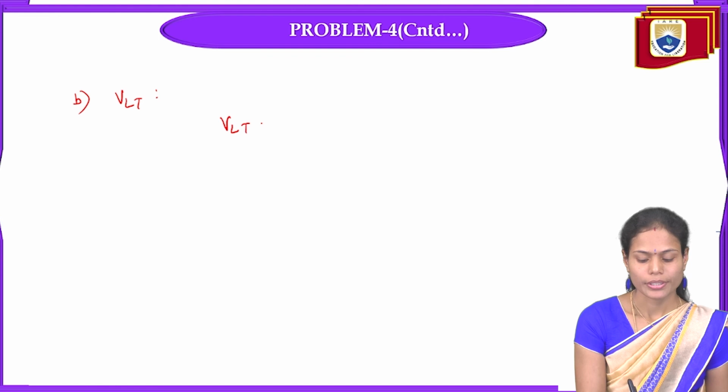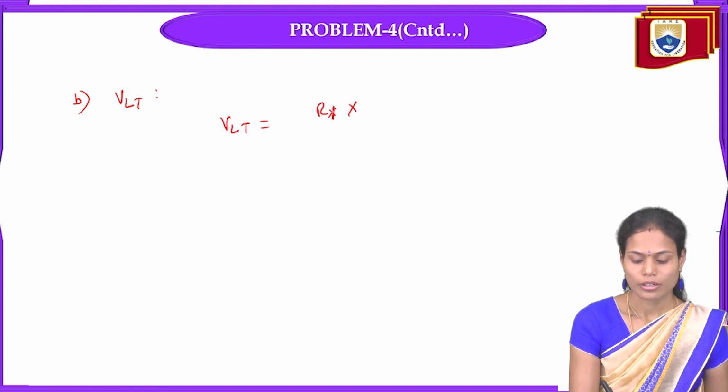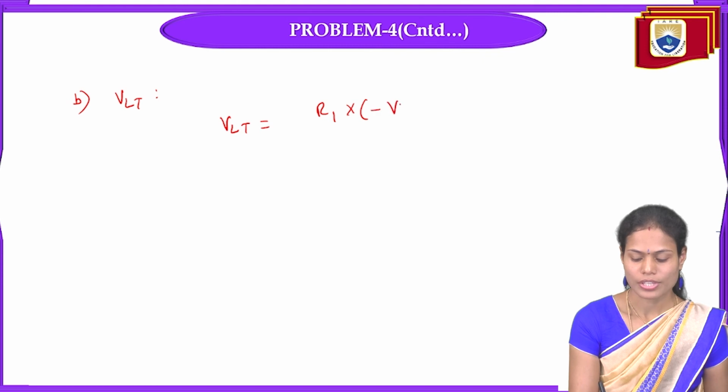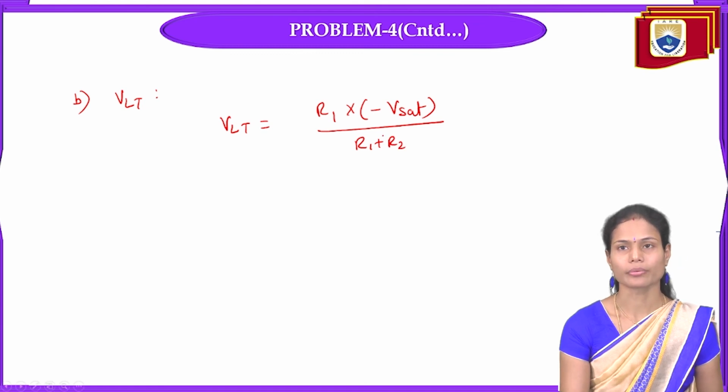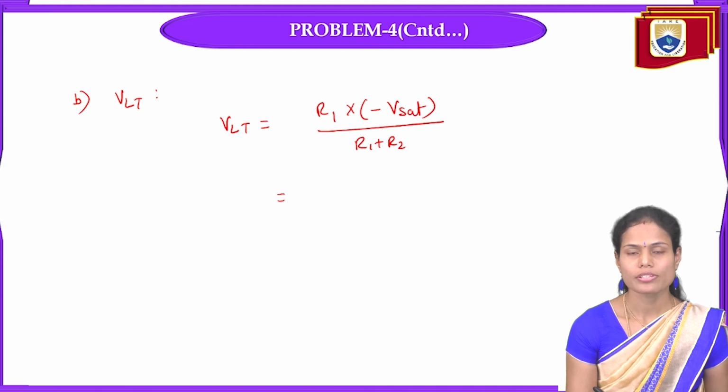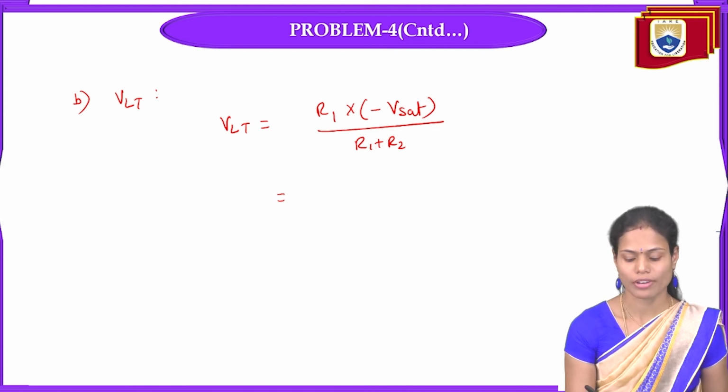So VLT is equal to R1 into negative saturation value divided by total resistances R1 and R2. Substitute the values of R1, R2 resistances as well as the saturation value.